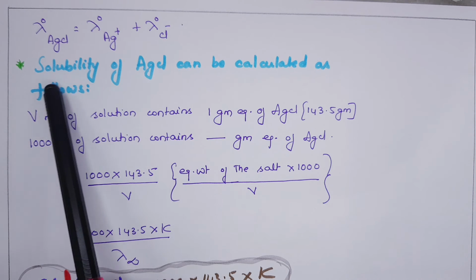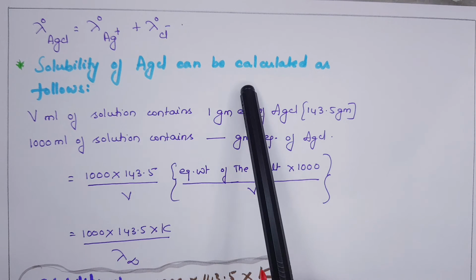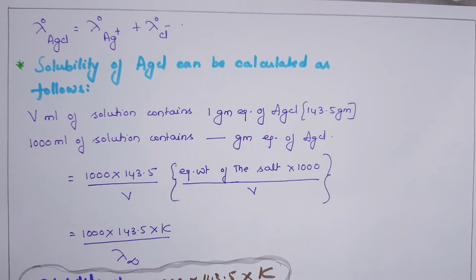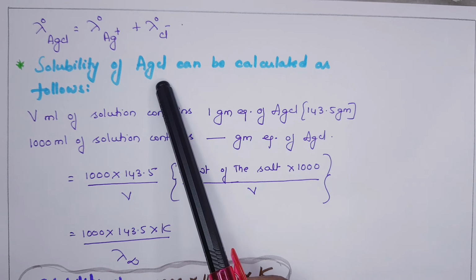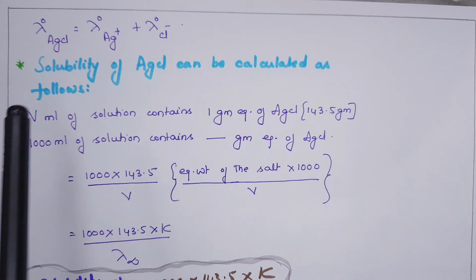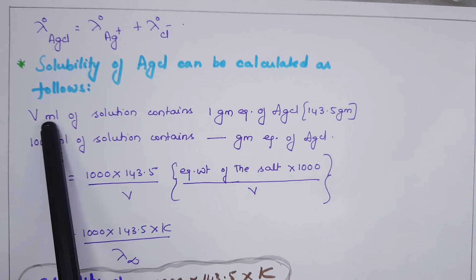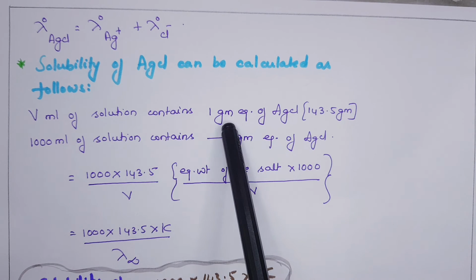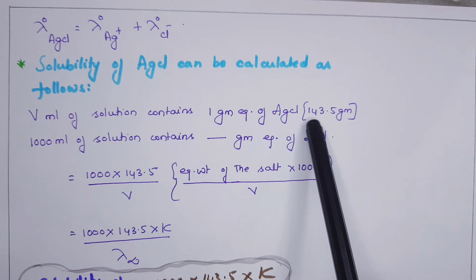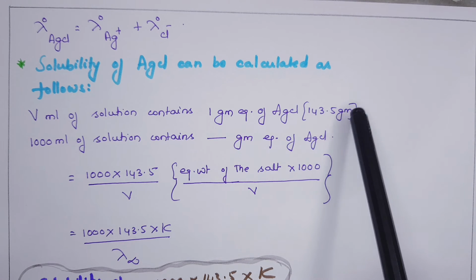Now, solubility of AgCl can be calculated as follows. Two steps we have seen. From those two steps, how to calculate solubility of AgCl. Look here, students. V ml of solution contains 1 gram equivalent of AgCl, that is 143.5 grams.